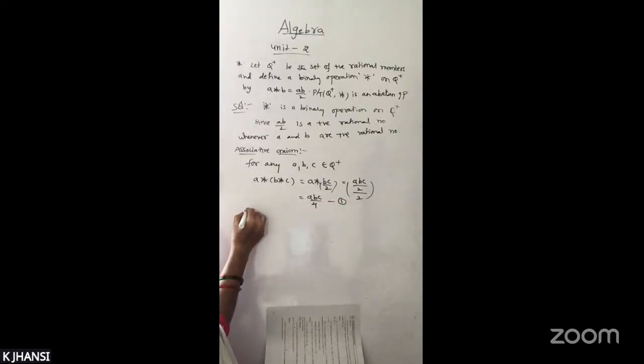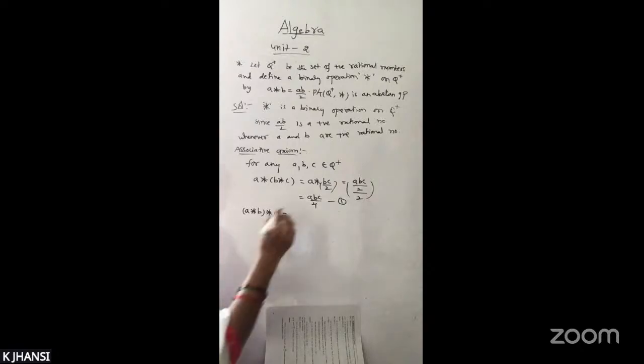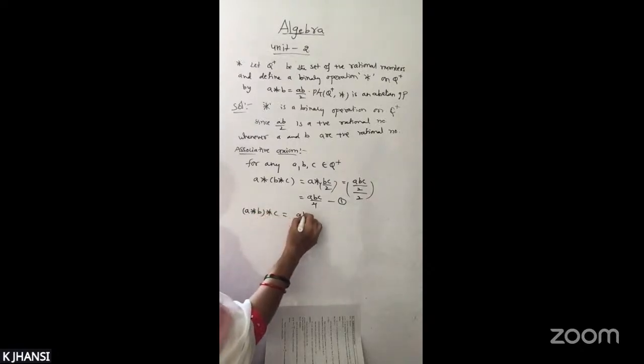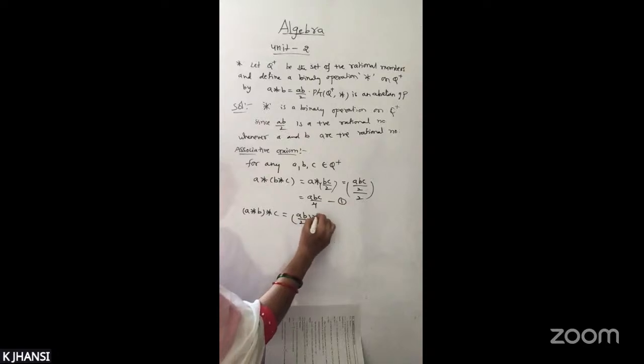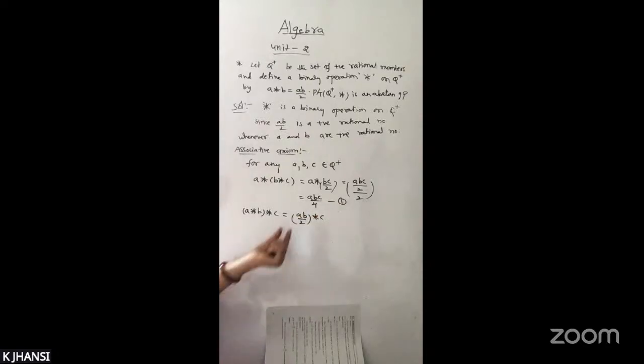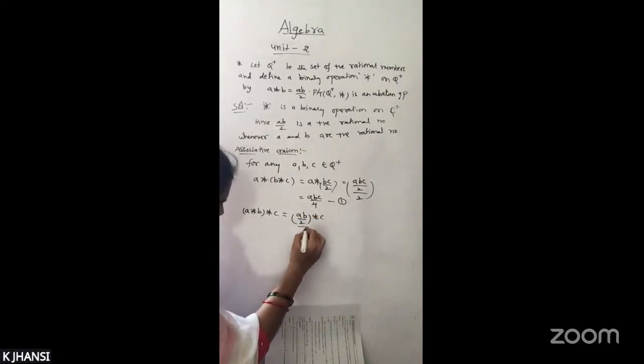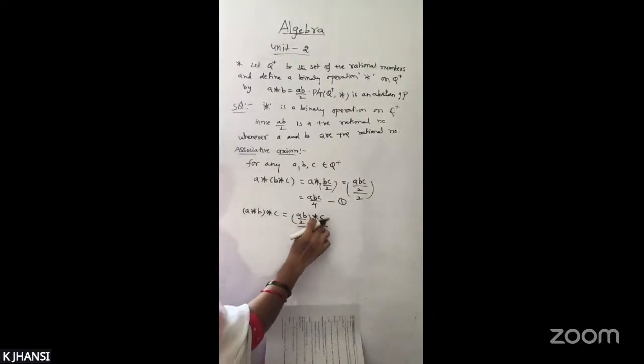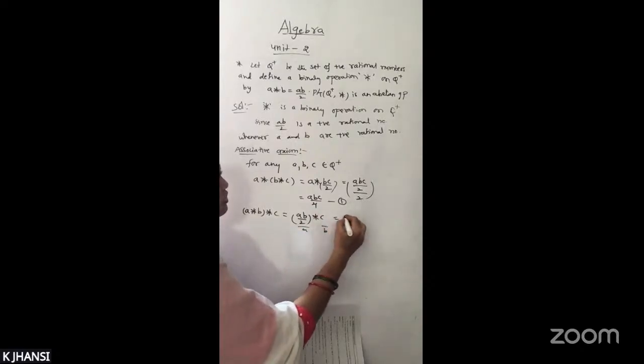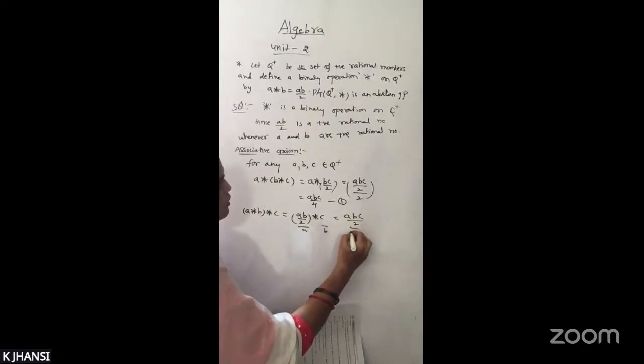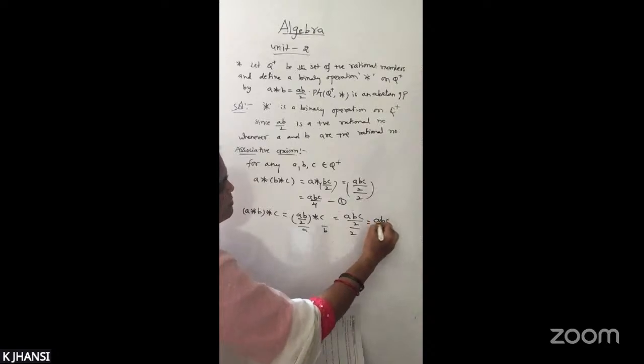Next, if you take A star B star C, what is the associative property? A star B star C is equal to A star B star C. A star B is AB by 2, and again star into C: this whole thing is A and this is B. So A star B is again defined as AB by 2, which means ABC by 2 by 2, so it is equal to ABC by 4.